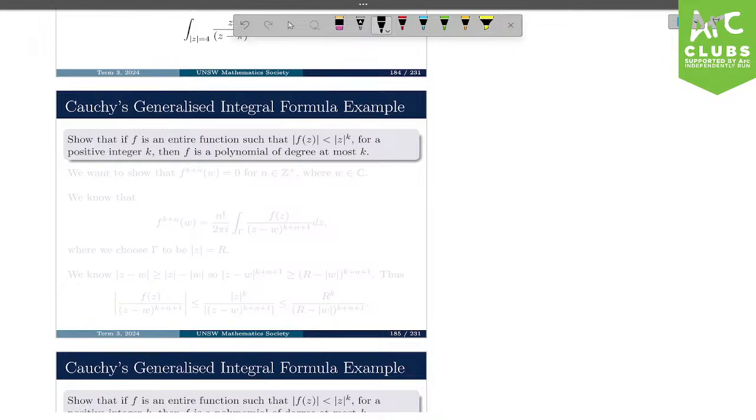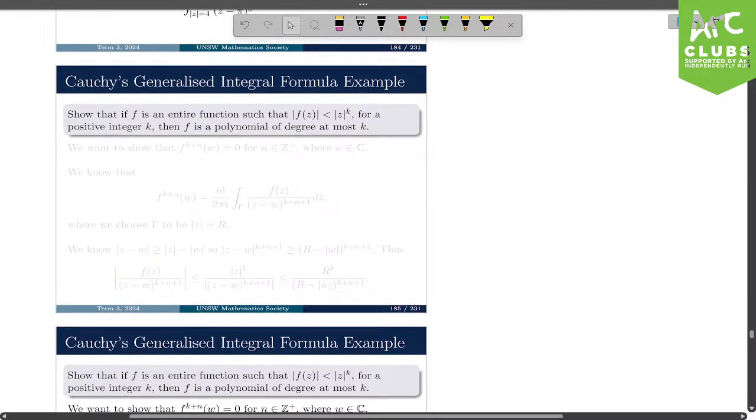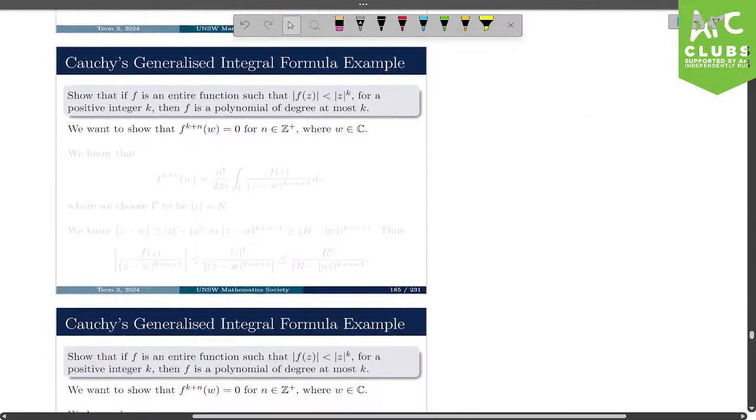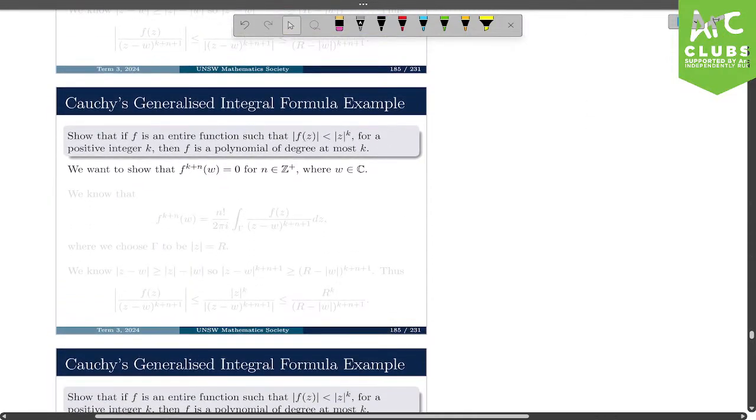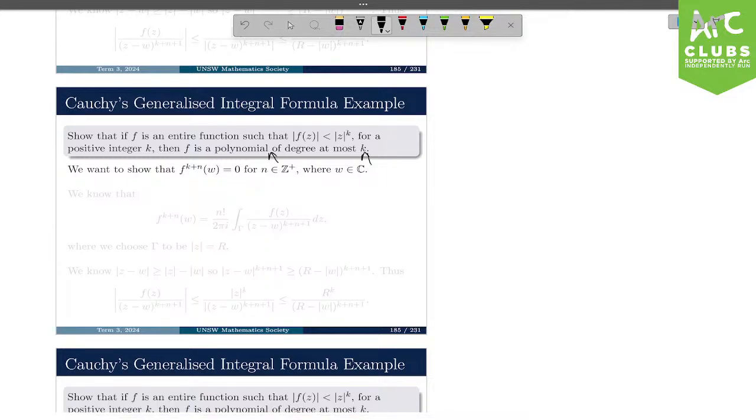If it is entire, it is going to be a polynomial of degree at most k. So this means we have roots, and those roots occur k times. Okay? We get k roots.